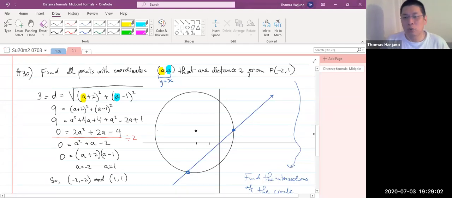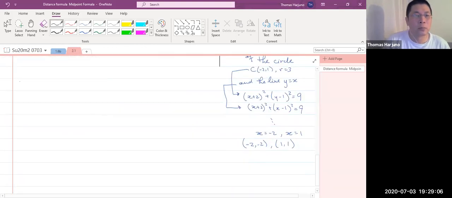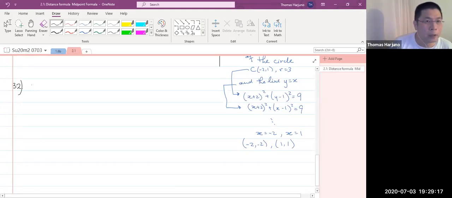Okay, the last one before I move to the next section, which I plan to do: 2.3, number 32 in this textbook on section 1.1. Let A be (2, 0) and B be (-2, 0).